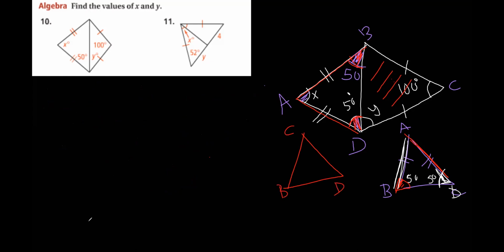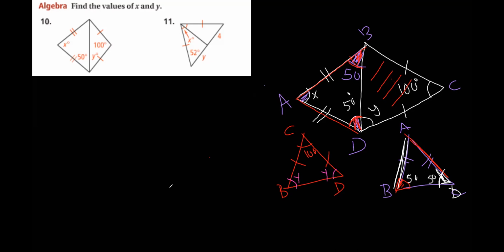I draw it now. In angle C here, you have 100. And it says that this side and this side are congruent. So what does it mean? That this triangle is isosceles. So this angle is congruent with this angle. If this is Y, this will be Y too. Both of them will be Y, because they are equal.